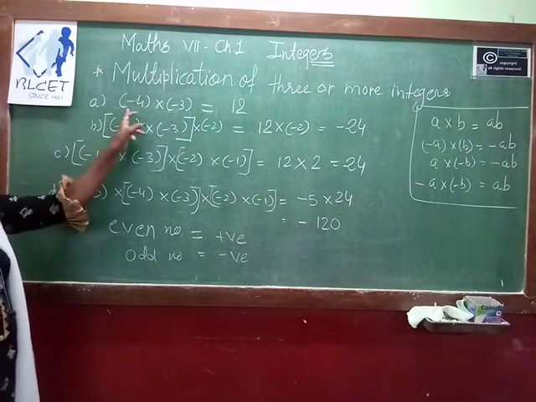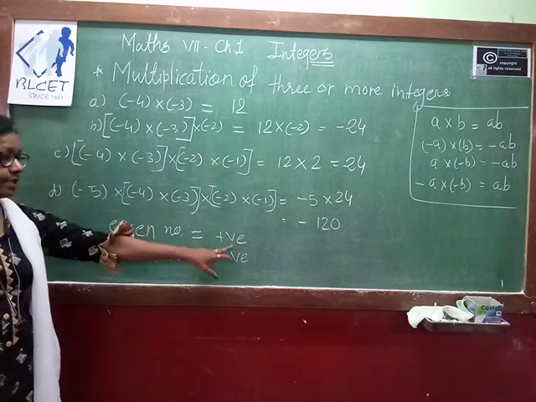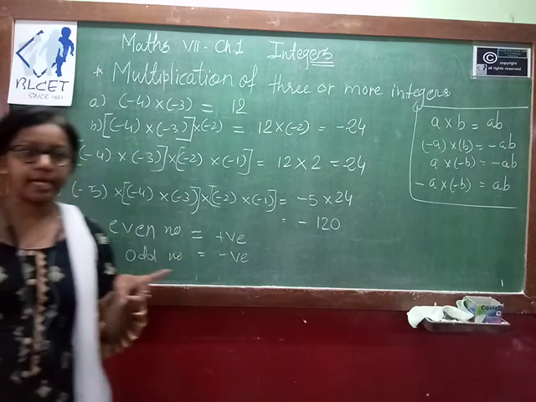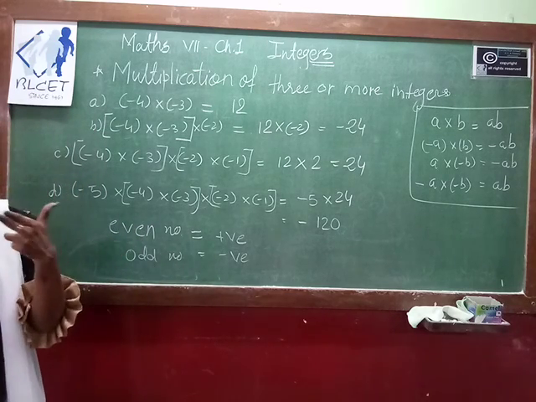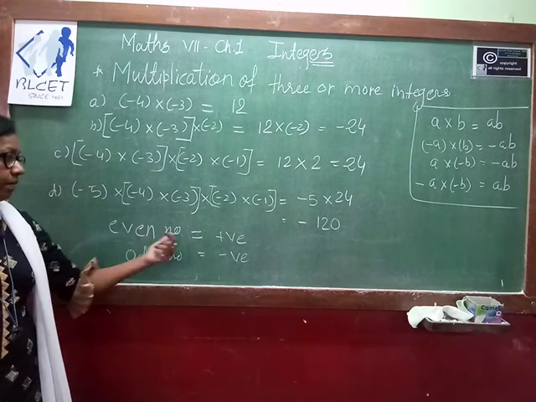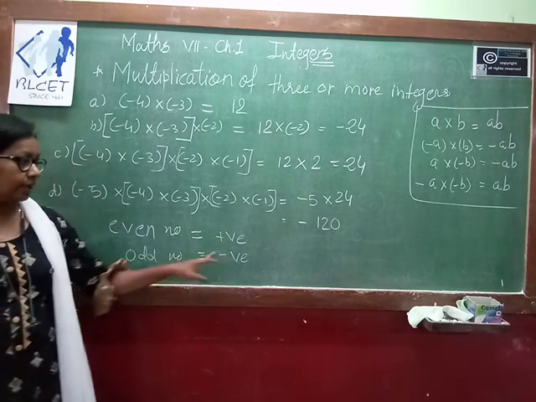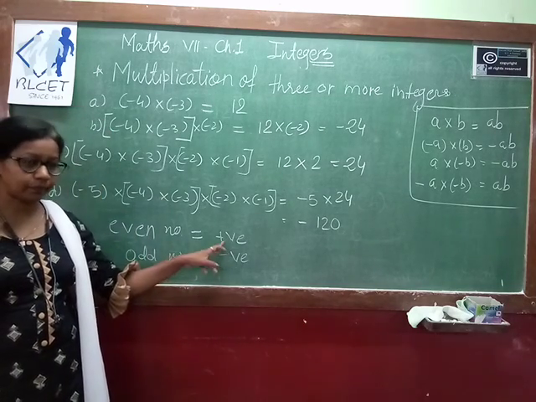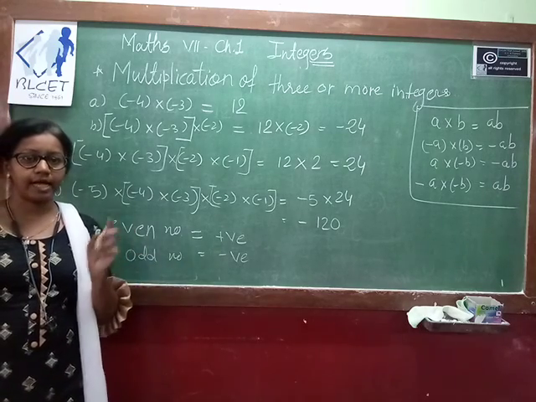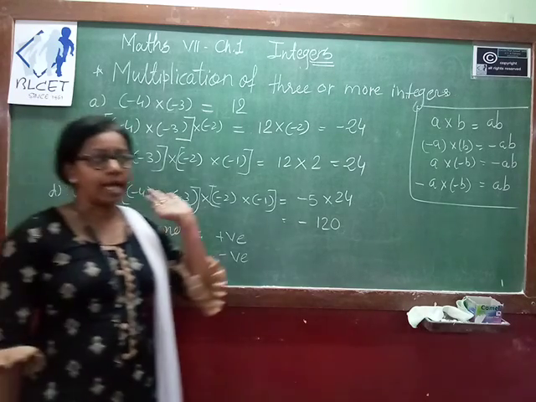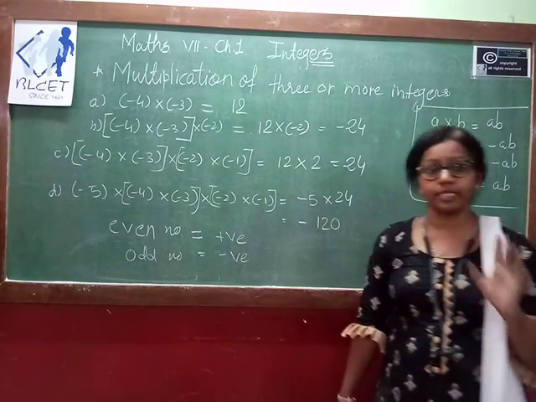If you have two negative integers, the answer is positive. Four negative integers, positive. Six, 8, 10, 12, 14: with an even number of negative integers in a multiplication, the answer is always positive. But if you have an odd number of negative integers, 3, 5, 7, the answer is always negative.